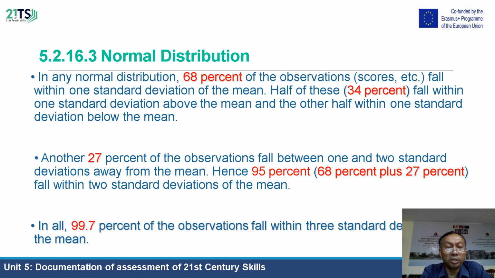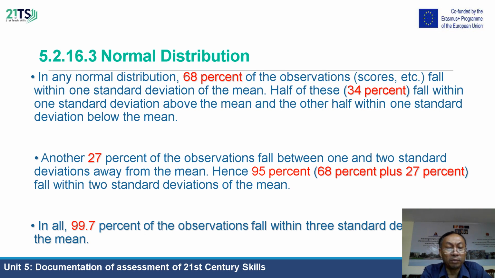In any normal distribution, 68% of the observations, scores, etc. fall within one standard deviation of the mean. Half of this, 34%, falls within one standard deviation above the mean, and the other half falls within one standard deviation below the mean.